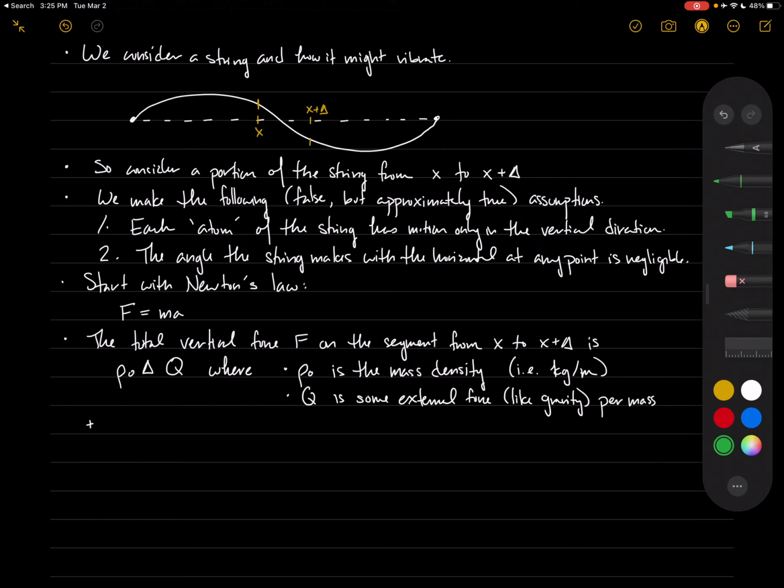So the tension in the string is a force that is tangent to the graph of the string. It's a vector pointing in the tangent direction of the string at these points.